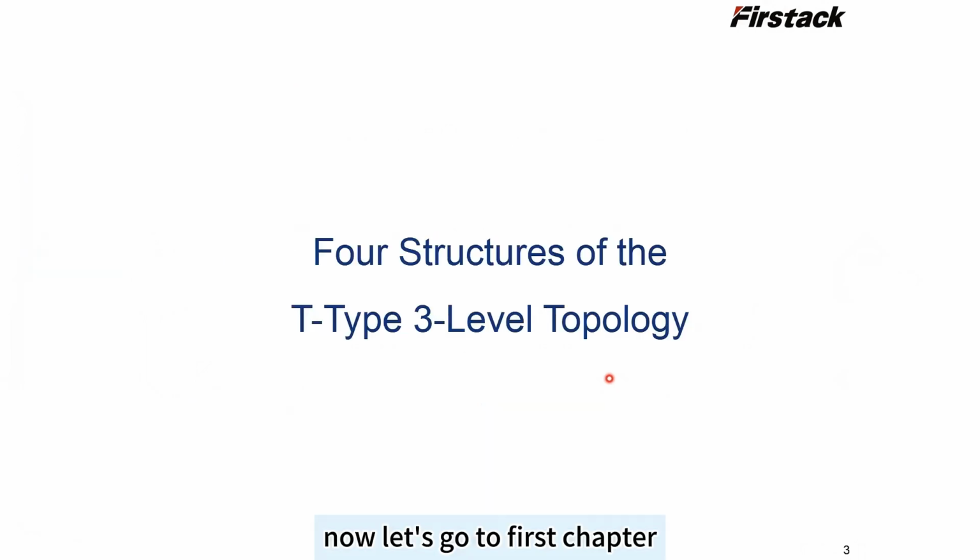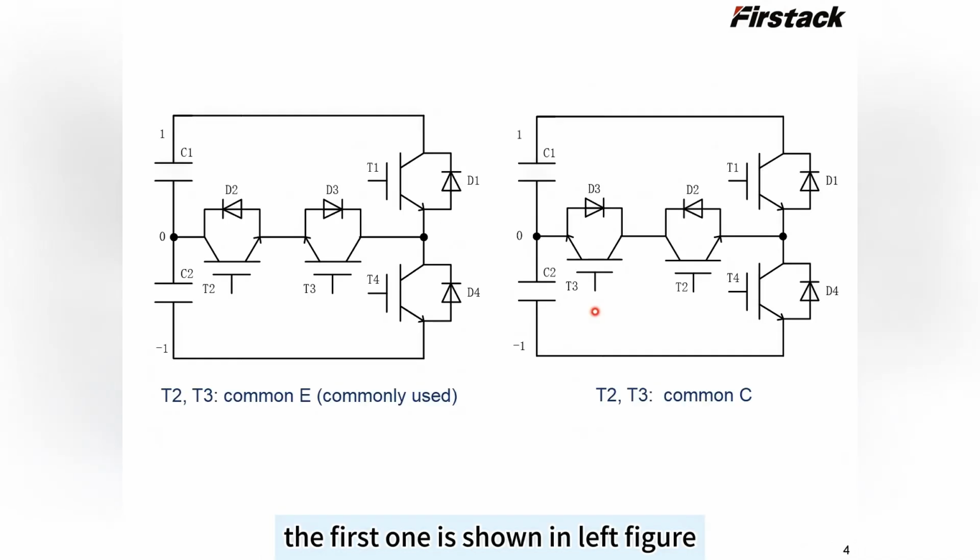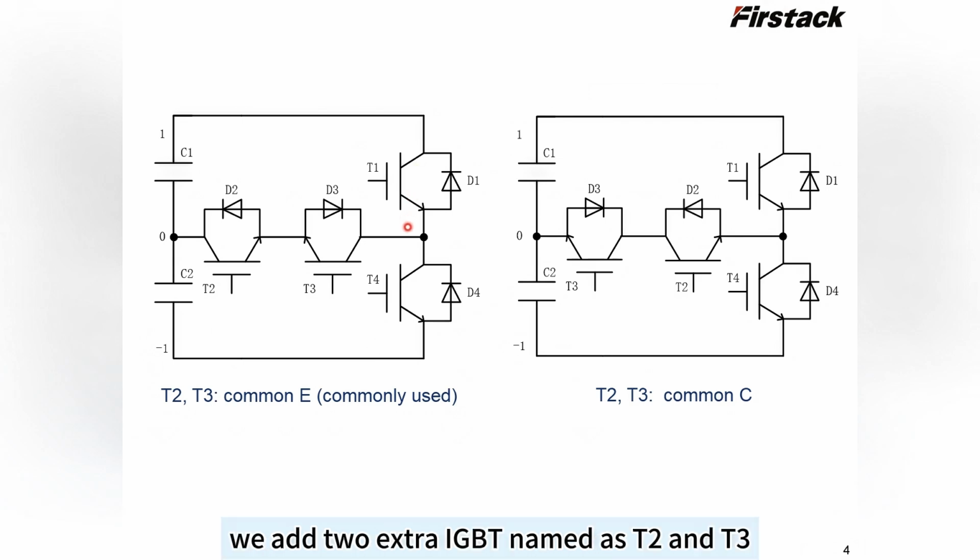Now let's go to the first chapter, the structures of T-type three-level system. The first one is shown in the left figure. As we can see, in the left topology, T1 and T4 are similar to the two-level system. It is like a half-bridge structure, and based on this half-bridge, we add two extra IGBTs, named here T2 and T3.